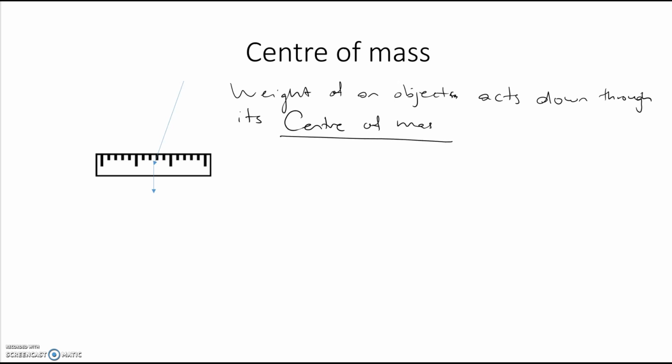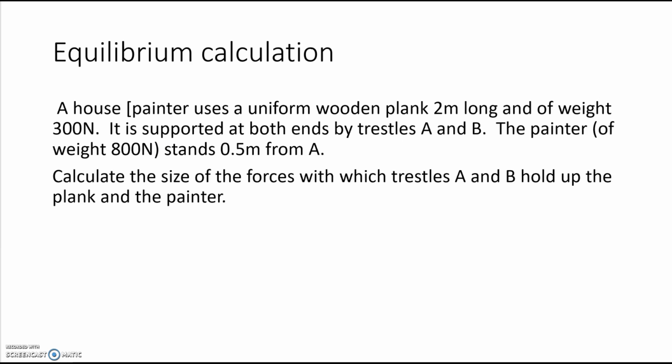So the centre of mass, say on this little piece of a ruler, would be in the middle there. And the weight's going to be what is acting downwards. And this is the pivot point where the object will balance, or if it's suspended, it's where the object will be in equilibrium, it won't be moving.